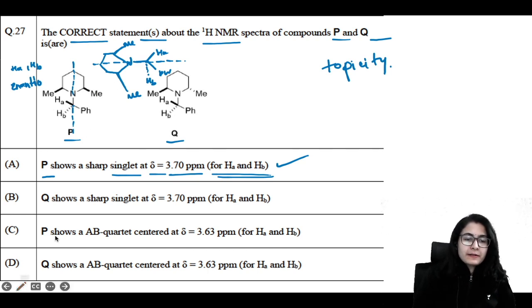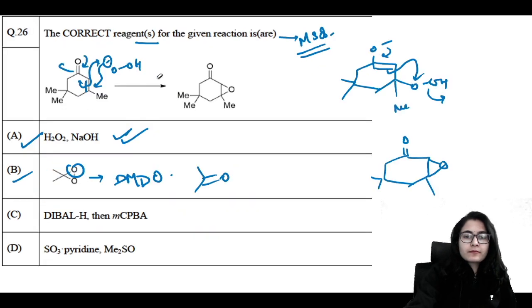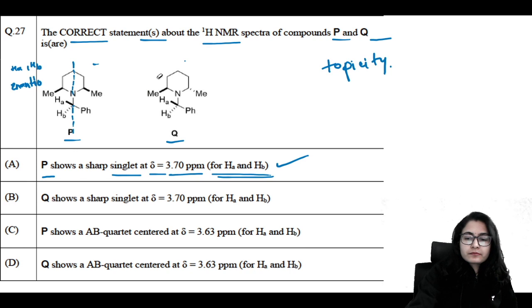Now, what happens in the next option? As you see, you cannot have a sigma plane or a C2 axis over here. The same question was asked on topicity.